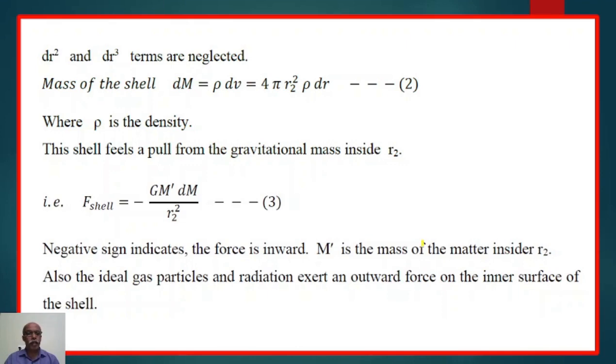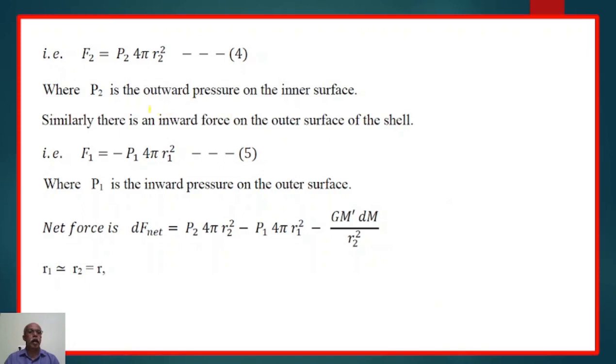Also, the ideal gas particles and radiation exert an outward force on the inner surface of the shell, and that outward force is given by the expression F2 is equal to P2 into 4 pi R2 square, where P2 is the outward pressure on the inner surface of the spherical shell of radius R2.